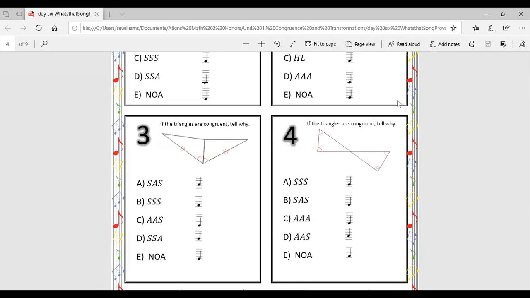Some of y'all have a really hard time following directions. You're supposed to be sending me both your answers for 3 and 4 in the same chat, and you're supposed to be putting A, B, C, D, or E.